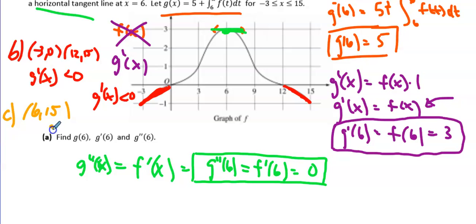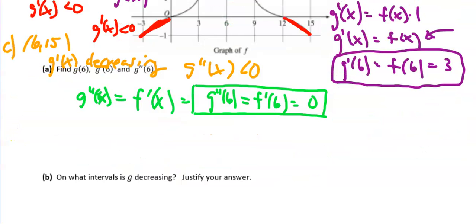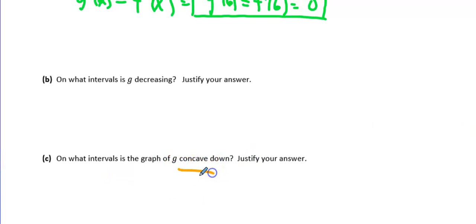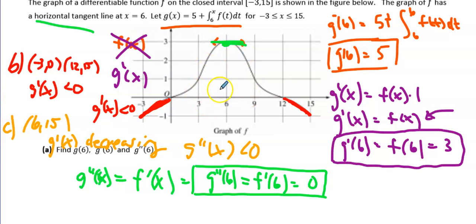So we would say that f prime of x is decreasing, or we would say that g prime of x is less than 0. Right, so we're looking at the slope for this one. So for part C, it's just asking us, on what intervals is g concave down? Remember that concavity is a second derivative, and so it's the slope of our slope, right? In this case right here, it's the rate of change of our change.